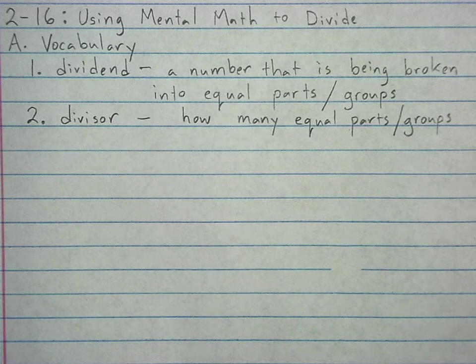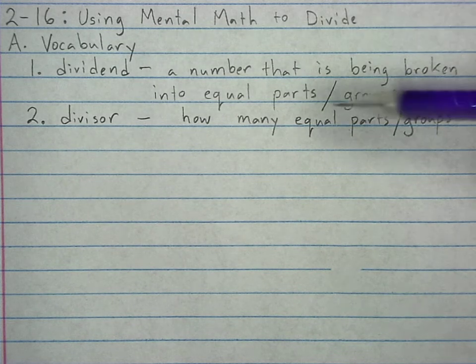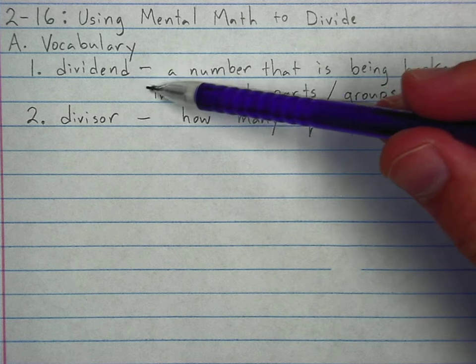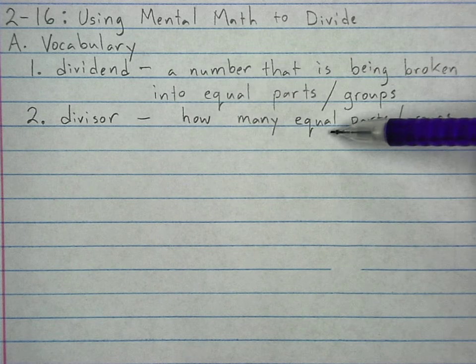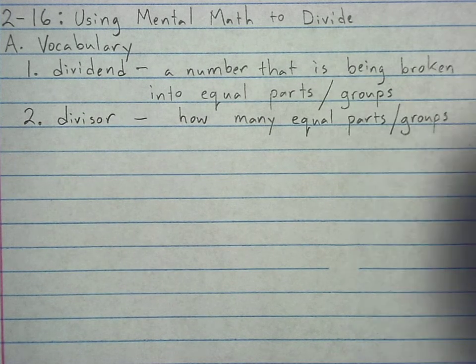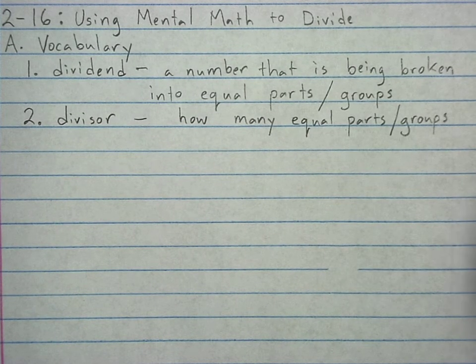Now actually, let me choose my words carefully there. Sometimes it can refer to how many are in the group. The divisor can be flexible that way. Basically, if you start with something, the dividend, and you're splitting it up into equal parts or groups, what you're splitting it into, that's the divisor. Okay, hopefully I didn't overcomplicate that.